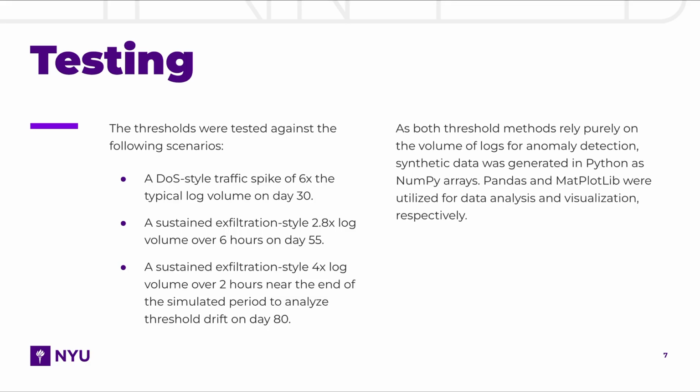But I put it at the end because that should show some of the threshold drift that we'll see with a static threshold and the improvement that a statistically derived threshold will have over a static one. As these are very simple logs, they don't have real data, they're very simple to create with Python and a couple of packages to visualize and analyze that data.